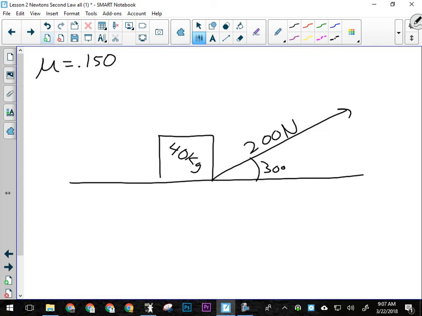I want you to calculate the acceleration of this box.